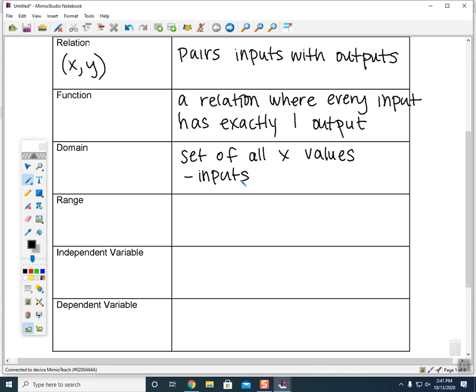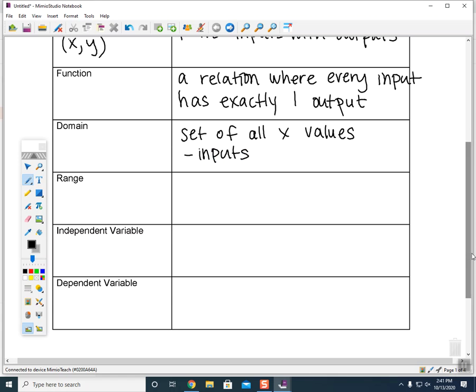So if our domain is a set of all X values, then our range is going to be our set of all Y values, or our outputs.